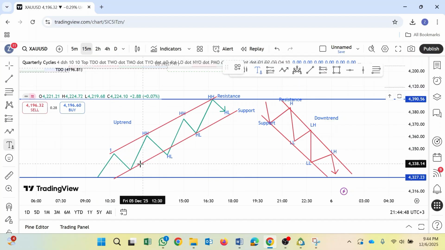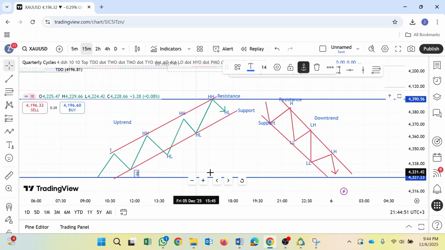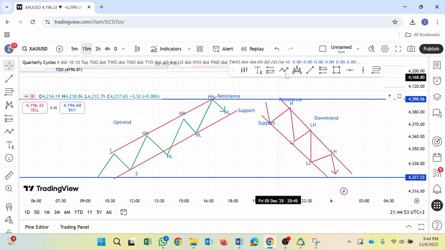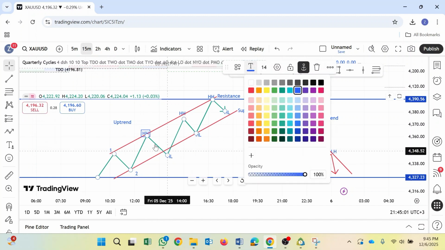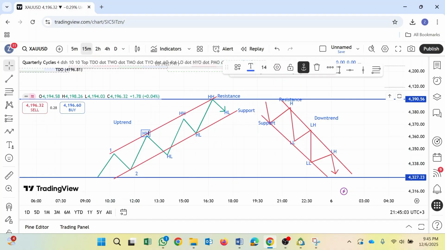Let me try put another one. I name it 2. And I now name this again. Hoping you already understood about the highs. You don't need to go back to that. Let me see if I can name these 3 and these 4. This I name it as a 4.